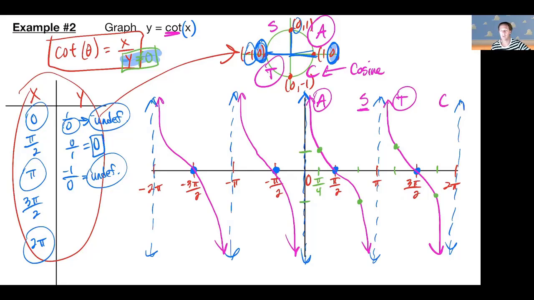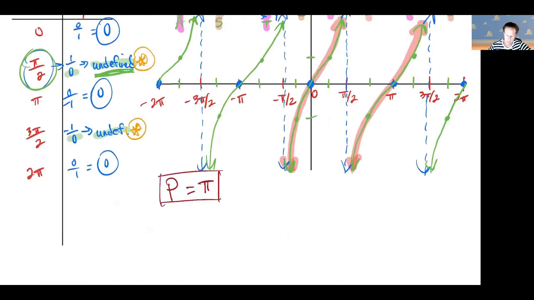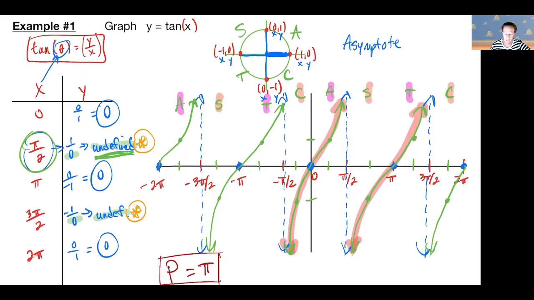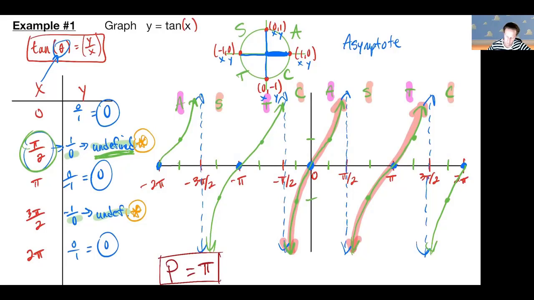So how can I help you to remember these? Cotangent, you can remember the 0 of cotangent has the vertical asymptote starting at 0, where the tangent did not start at 0 because it doesn't have the 0. Okay? And in order to get a tan, you have to look up to the sun.